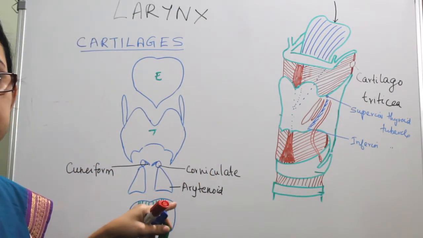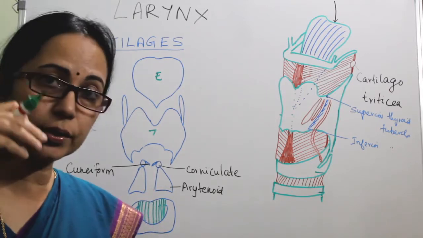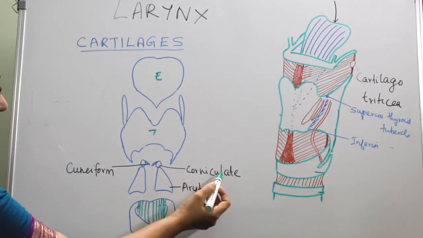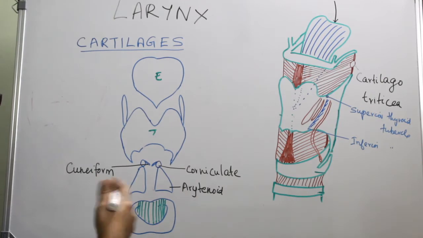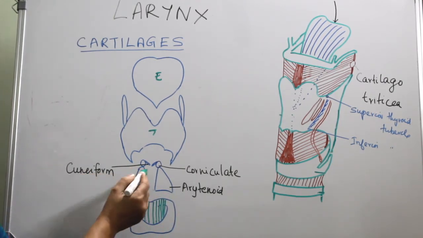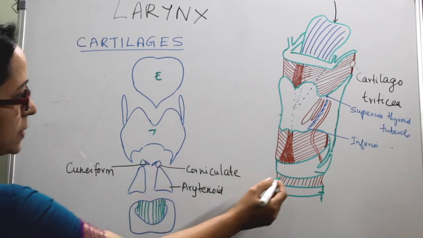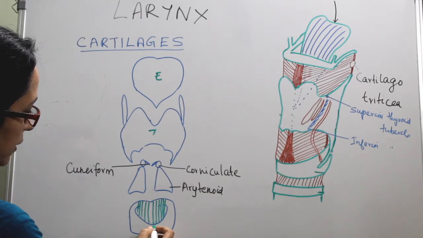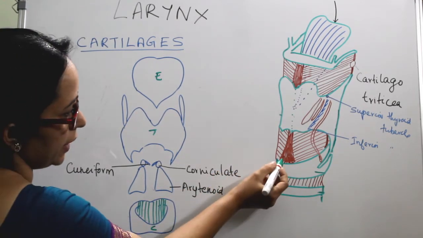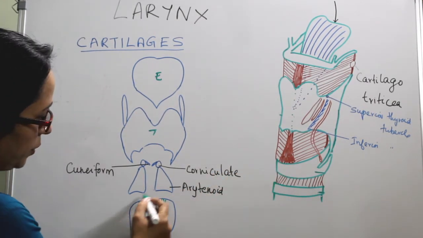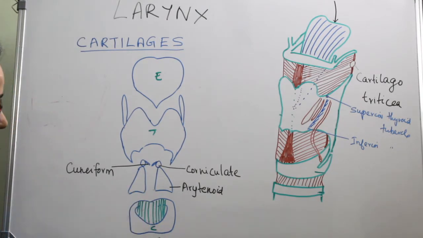There are 2 arytenoids, and on the corner of the arytenoid lies the corniculate, and more towards the aryepiglottic fold lies the cuneiform. These are paired. And this is the cricoid, which is narrower anteriorly and broader posteriorly, and it is a complete ring also.